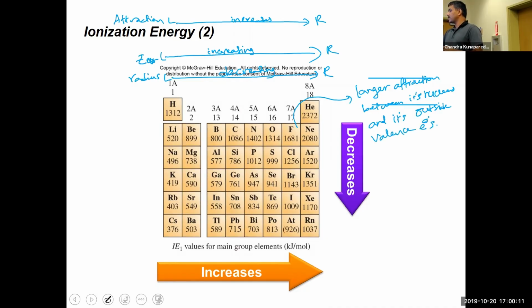It is going to need a whole lot more energy to remove an electron from its outside valence electrons than, for example, oxygen, because oxygen is a little bit larger compared to fluorine. So the attraction is not as strong in oxygen as in fluorine. Compared to nitrogen, the Z effective is smaller for nitrogen than for oxygen and fluorine.